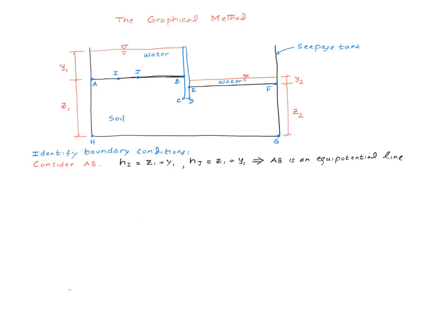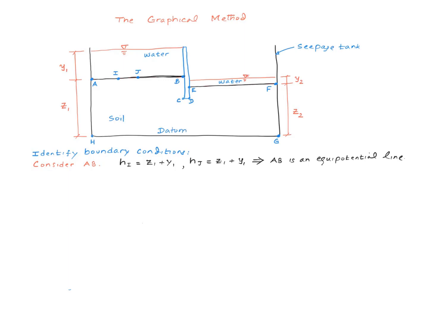So let's work on line AB, which is from here to here. I'm going to take 2 points I and J randomly on that line and calculate the total head at these 2 points. And I'm going to take this as the datum.